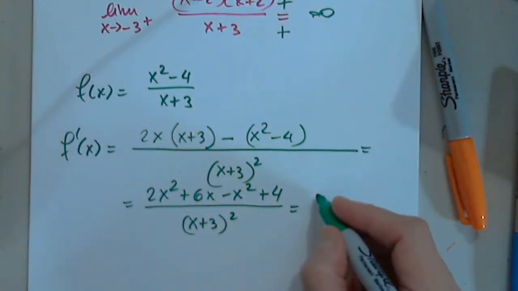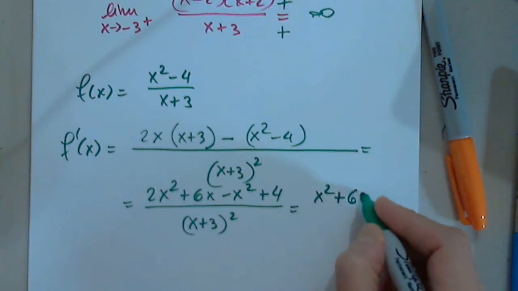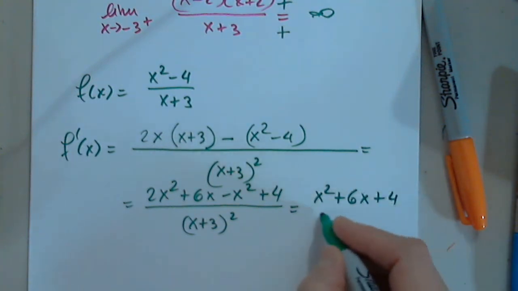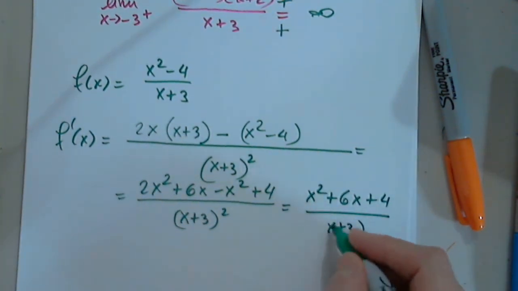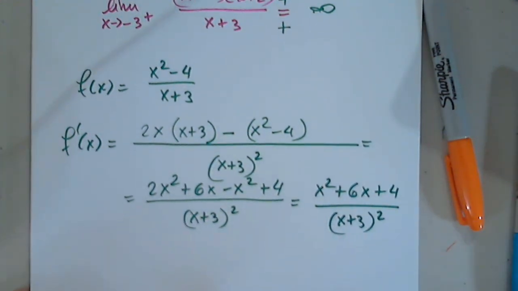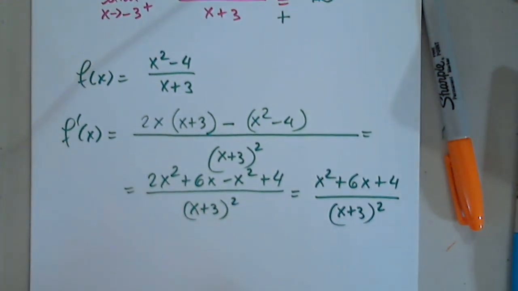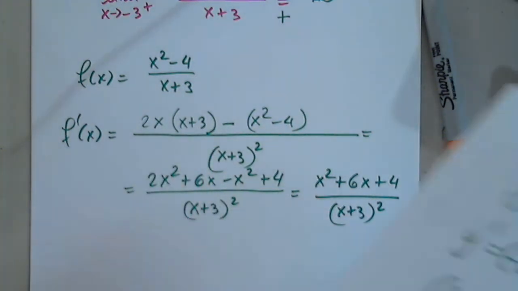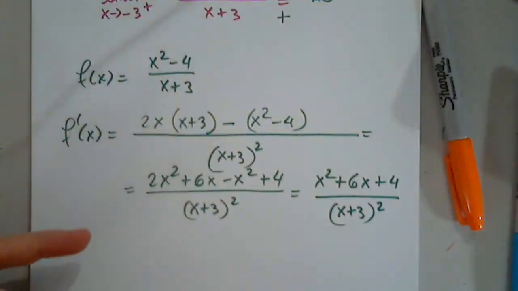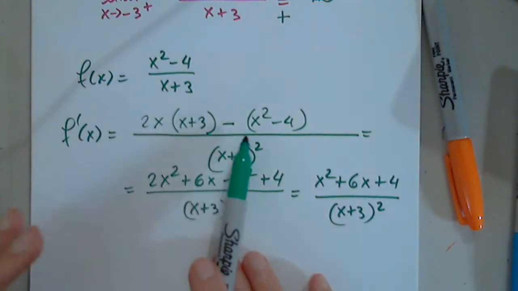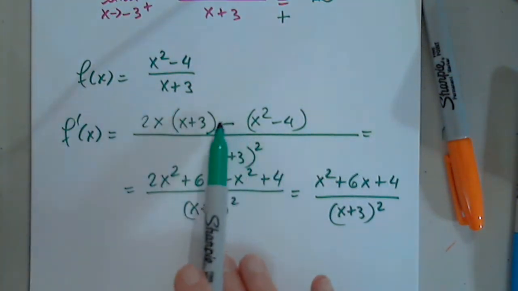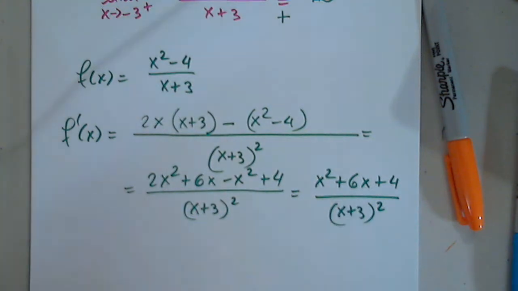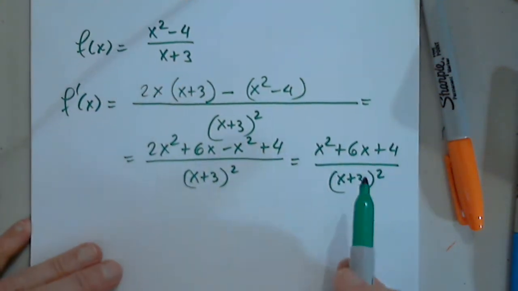And this will be x squared plus 6x plus 4 divided by (x plus 3) squared. Okay, 2x, that was the function. I'm pretty sure. I'm checking. Okay, yes, so we do have 2x. Everything is okay. It's not factorable.